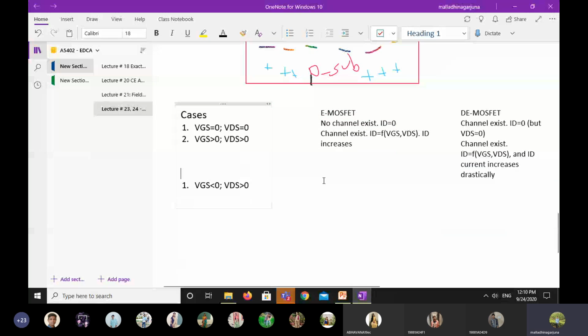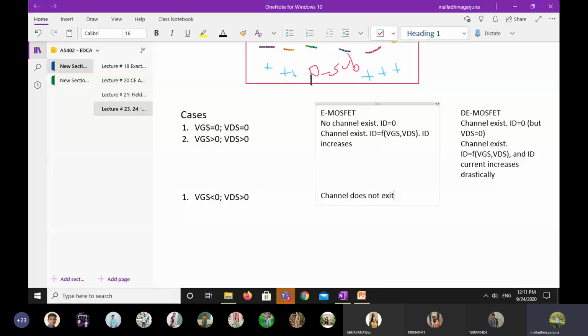Yes, in this condition, VGS less than 0, VDS greater than 0. Does our MOSFET channel exist? Channel doesn't exist. Yes, the channel does not exist. Why? Because we are applying a negative voltage.